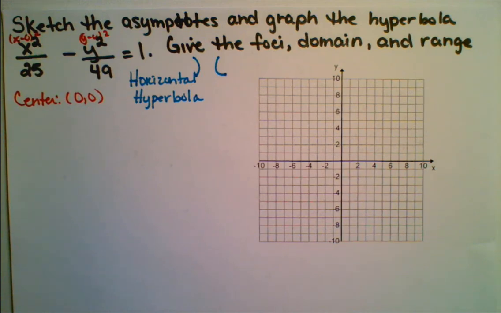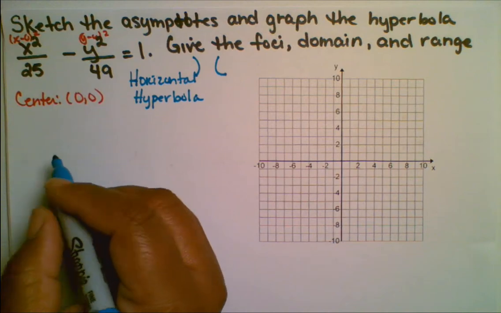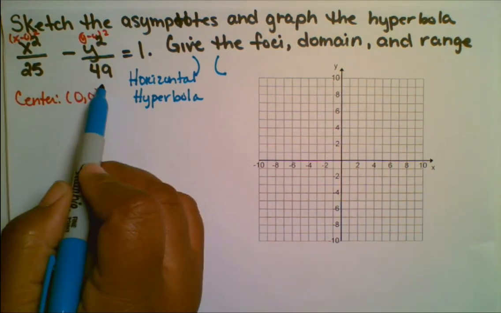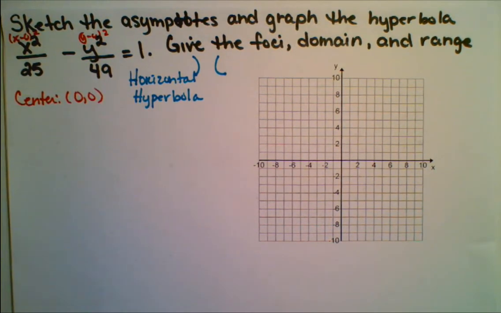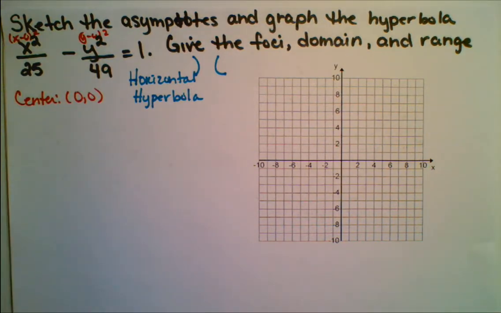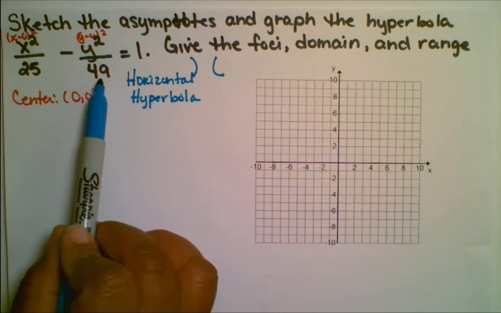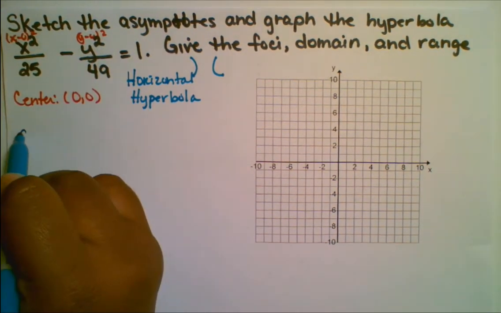Okay. So now let's find our a squared and b squared. Whereas with the ellipse, to find a squared, you had to find the highest number, well, for our hyperbola, just go in the order that you see it. Our a squared is 25.